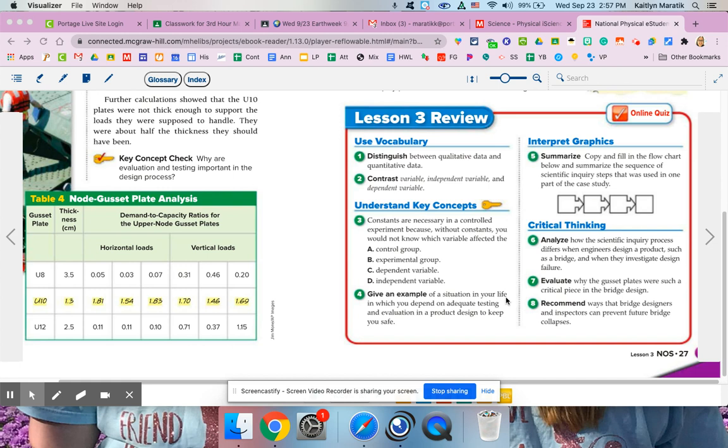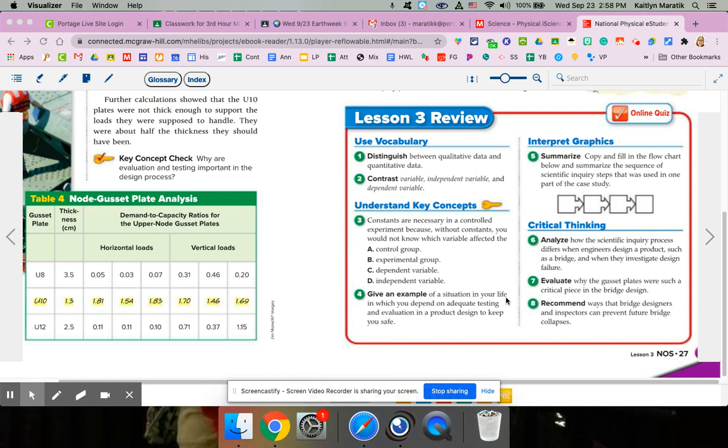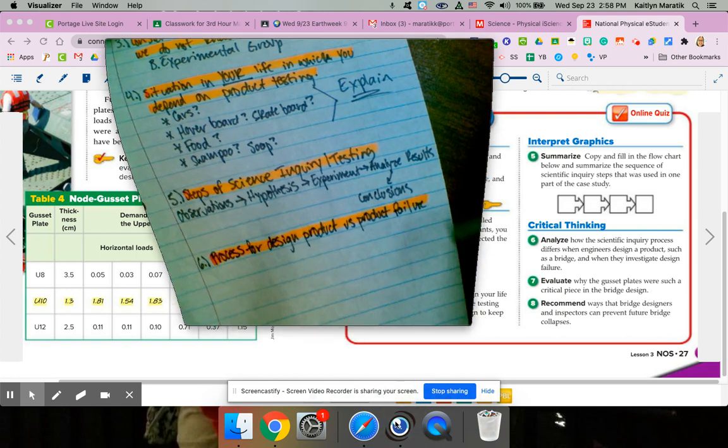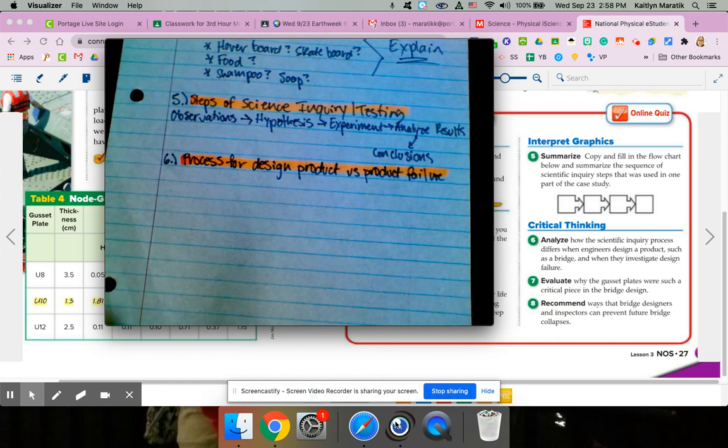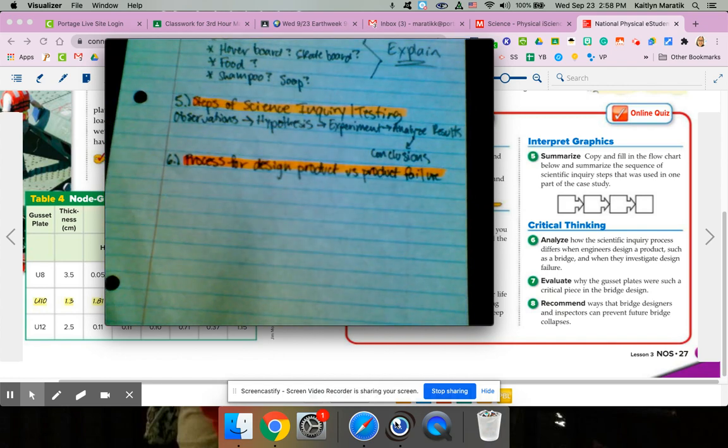Number 6. We want to analyze how a scientific inquiry process differs when engineers design a product, such as a bridge, and when they investigate design failure. So, process for designing a product versus product failure. What would be the difference between them testing their product versus investigating for failure?